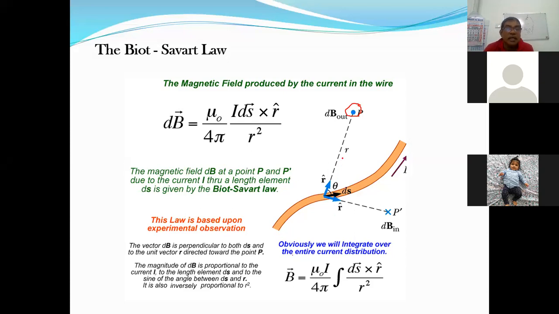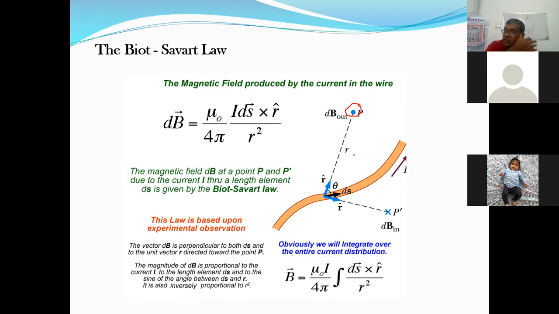The magnetic field at P we can call delta B. Delta B is equal to mu naught over 4 pi, I ds cross r, where r is the vector, the line joining the selected point on the current carrying conductor and the point P, divided by r squared.